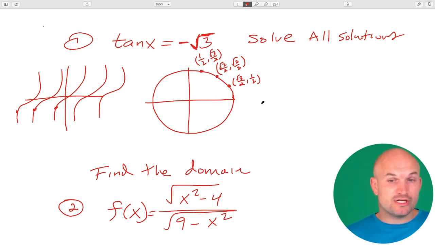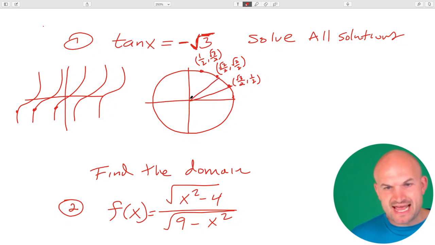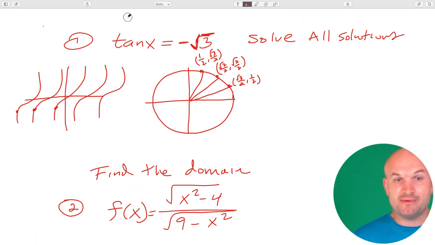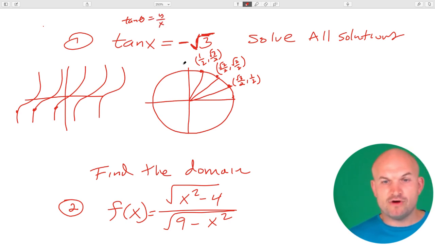Now the next thing is we need to understand what exactly tangent is representing. Tangent represents the y-coordinate over the x-coordinate. So out of all 3 of these angles, forget about the negative for a second. Let's just figure out which of these angles gives us the value square root of 3, when we take the y-coordinate over the x-coordinate, because the tangent of any angle is y over x.